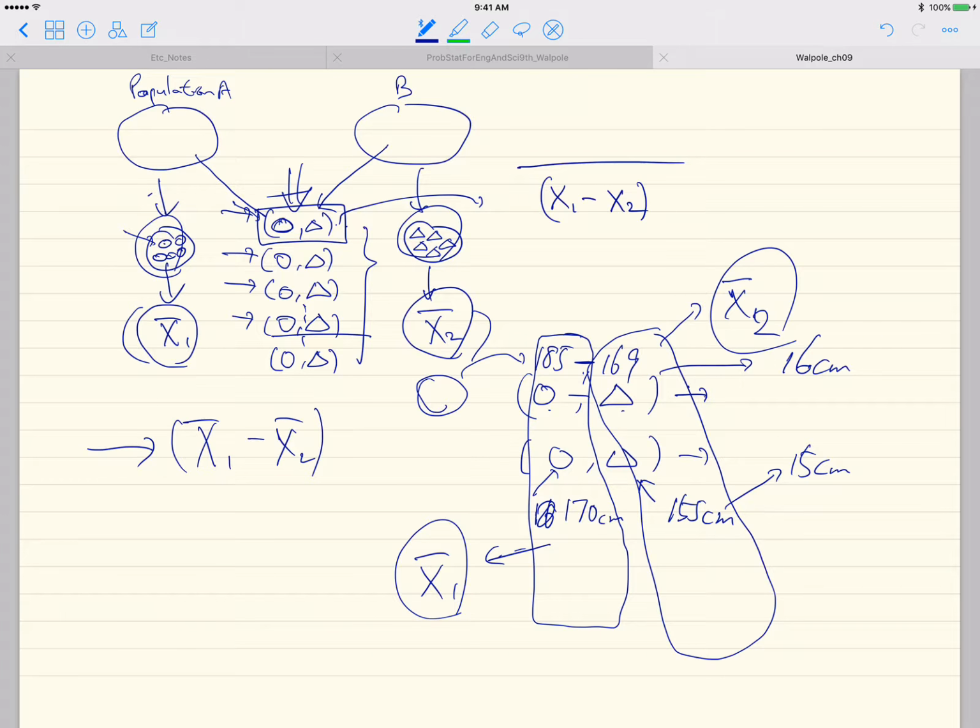Okay, and then we consider the differences, or the probability density functions for those random variables. So these are called paired observations.